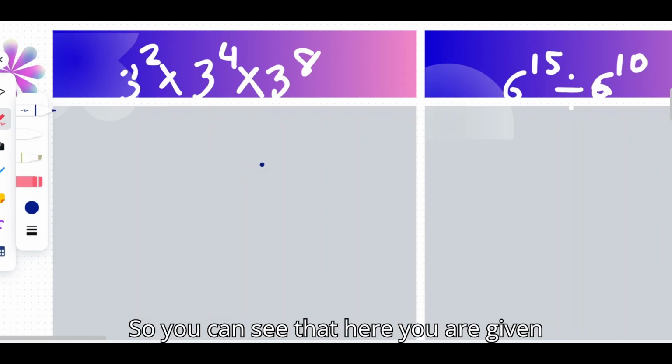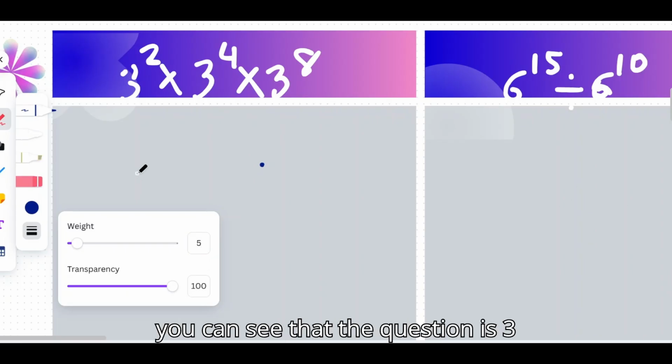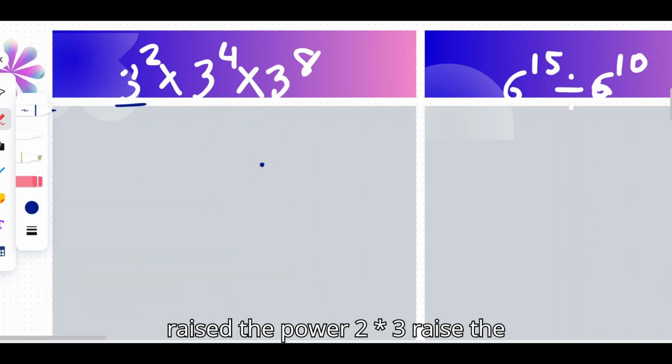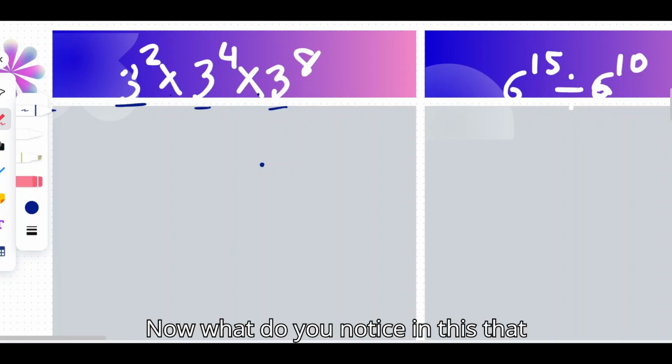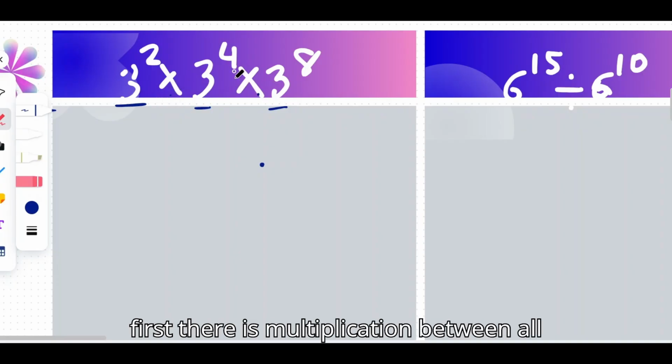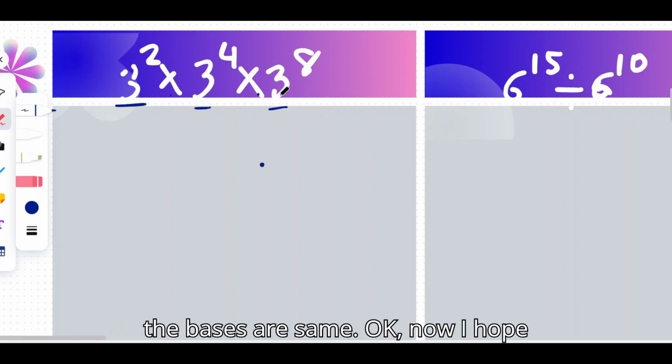You can see that the question is 3 raised to the power 2 times 3 raised to the power 4 times 3 raised to the power 8. Now, what do you notice in this? First there is multiplication between all the numbers, and the bases are the same.